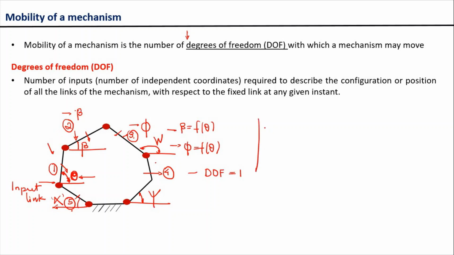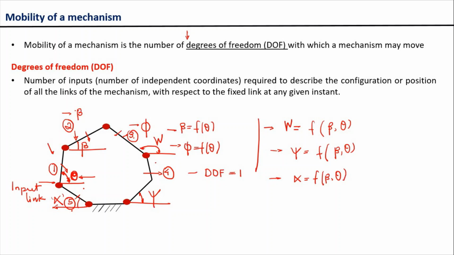Let us generalize this further. The variable gamma should be a function of both beta and theta. The variable psi, which defines the motion of link 4, is again a function of both beta and theta. And the variable alpha is again a function of beta and theta.